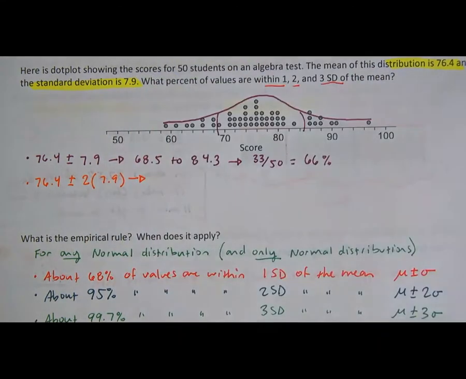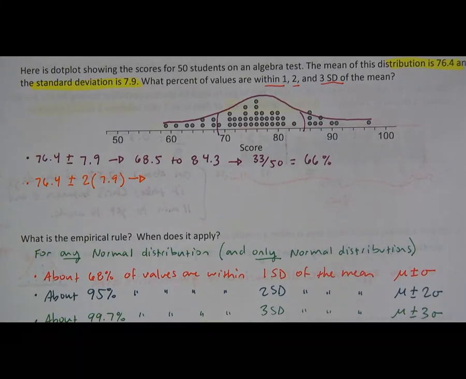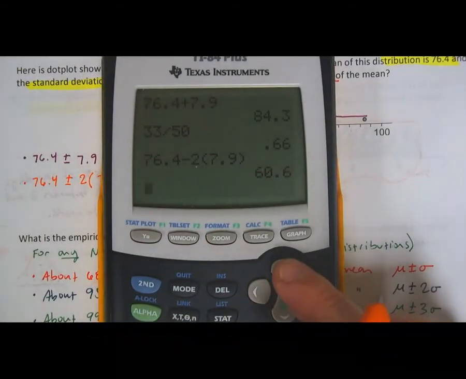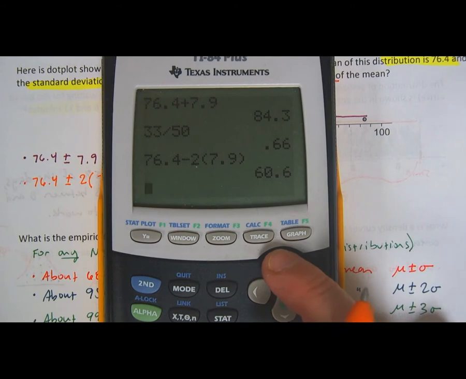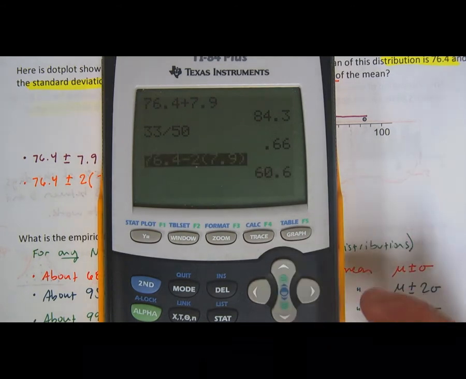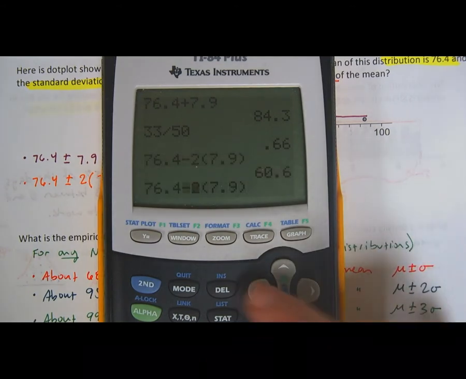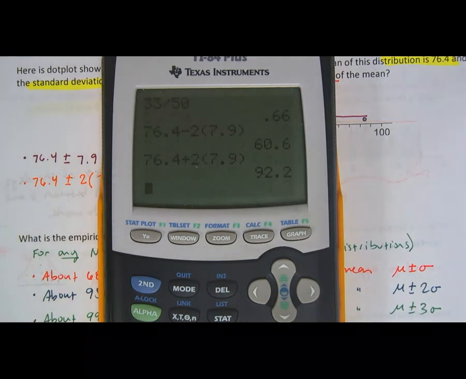Okay, now I need to see what percentage of the values are within 2 standard deviations of the mean. So 76.4 minus 2 times 7.9. And I like to be efficient with my time, so I'm just going to copy and paste that down and swap out the minus sign for a plus sign, and then I can move right along.